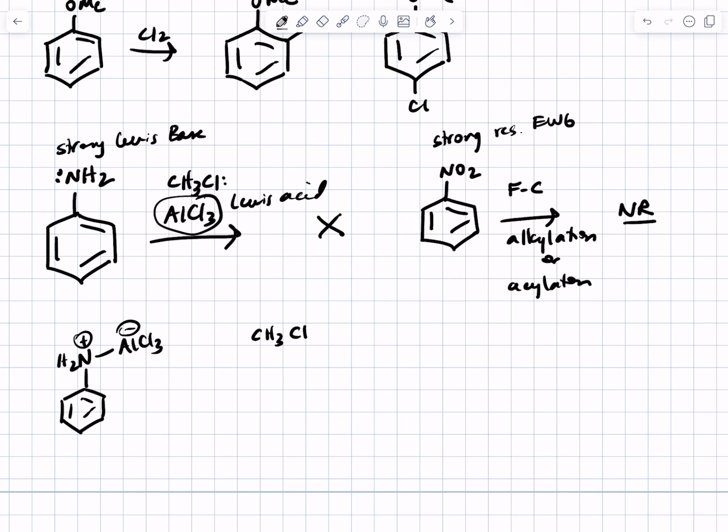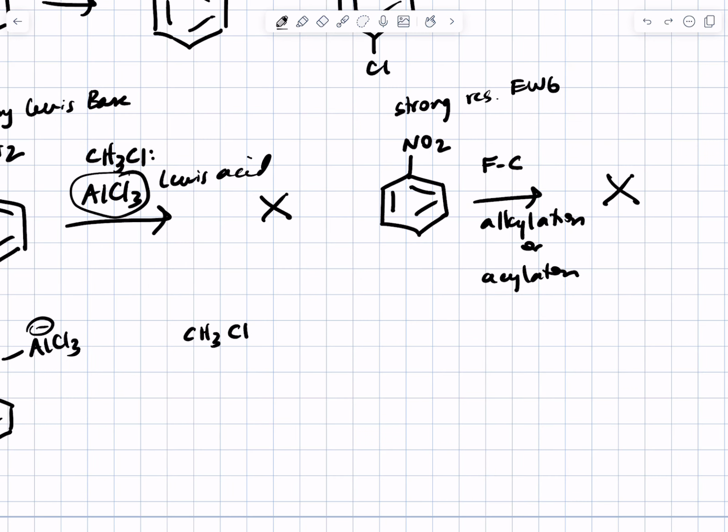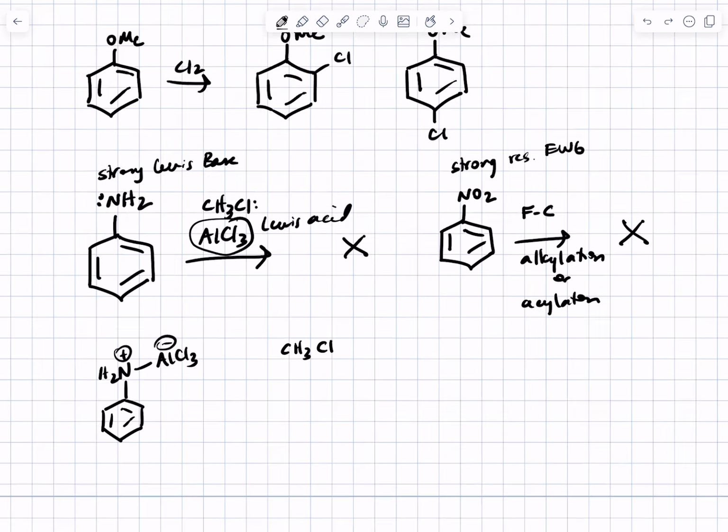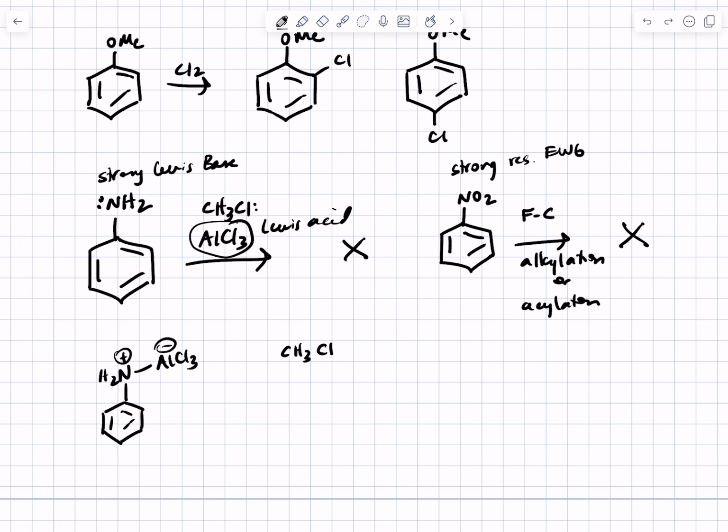NR means no reaction. I guess I should have just put the big ekis there. Okay, or dos ekis. Okay, so that is something that I want you to be aware of. And you'll often have to plan around that as you're thinking about syntheses.